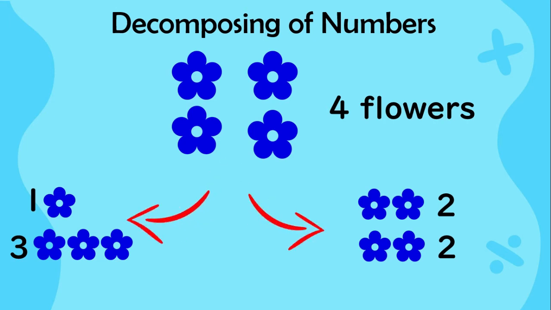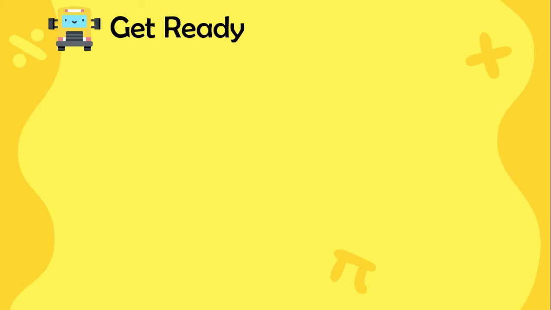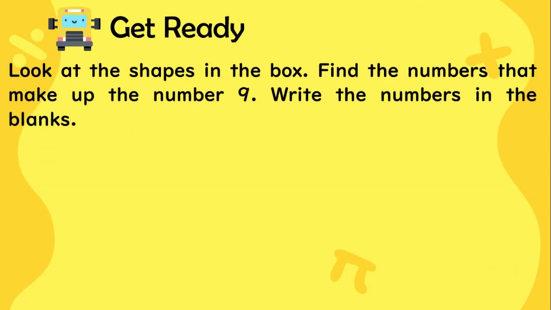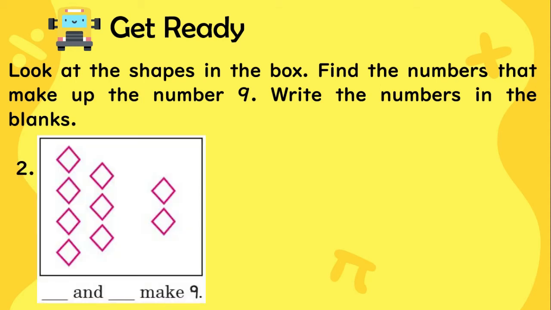Okay, and for us to have a practice, let's answer. Get ready on page 43 of your book. So look at the shapes in the box. Find the numbers that make up the number 9 and then write the numbers in the blanks. So for number 2, first will be 7 and the other one is 2. Very good. So 7 and 2 make 9.